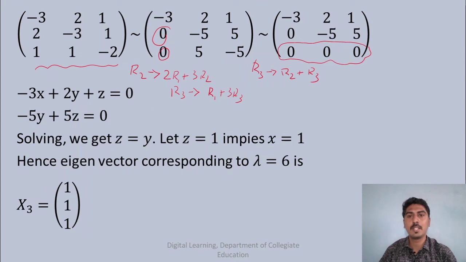Now the simultaneous equations reduce to these two equations. Solving this equation, I get x equal to y. If I put z equal to 1, we get say x equal to 1 and y equal to 1. So the eigenvector corresponding to lambda equal to 6 is (1, 1, 1).